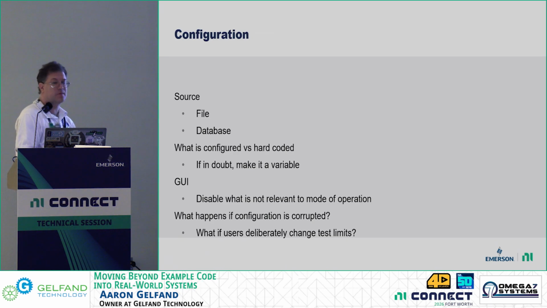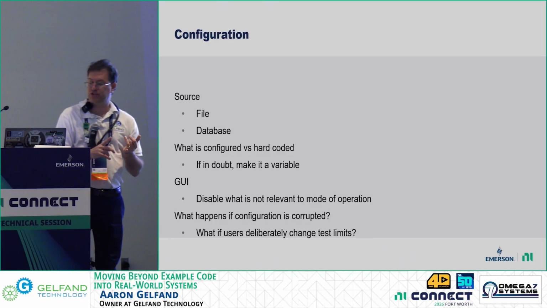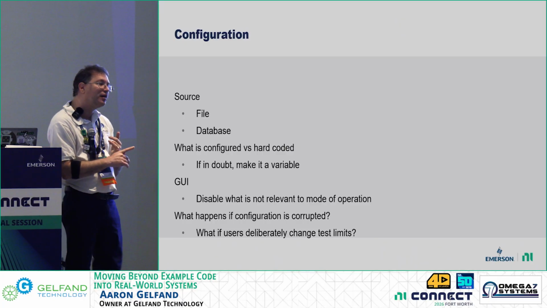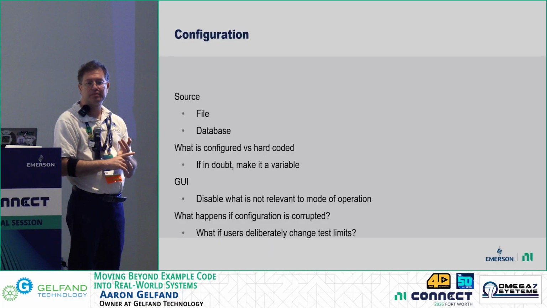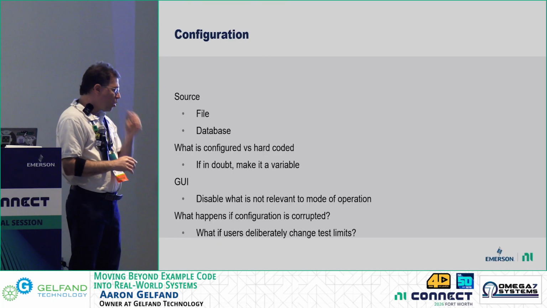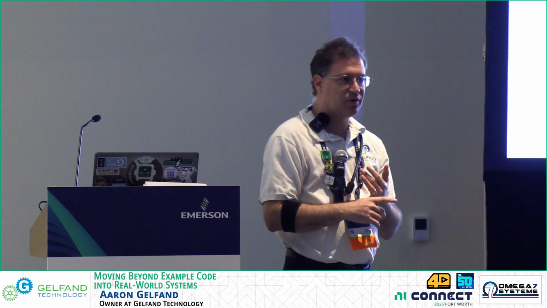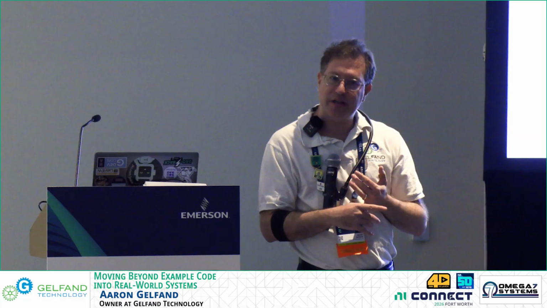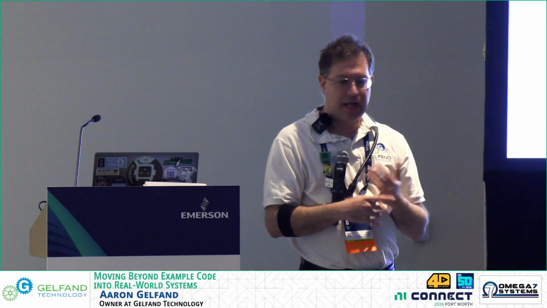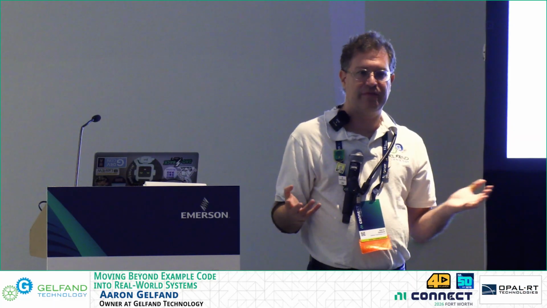Configuration for a program generally has 2 sources of information. You might source your information from a local file. You might source your information from a database. When you're trying to figure out what is going to be in that configuration file or database, the information you need can vary.